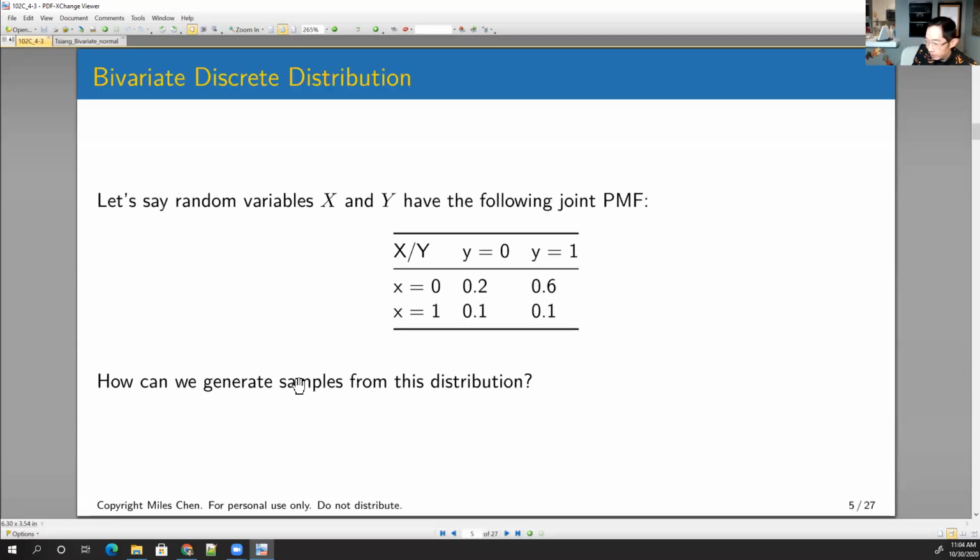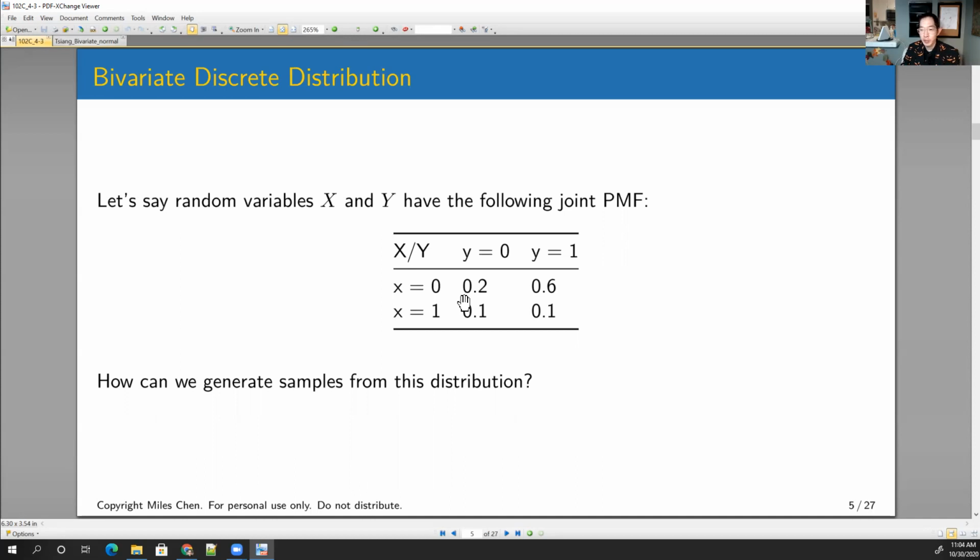All right, so we're going to start by looking at a bivariate discrete distribution. Let's say we've got some random variables x and y, and they've got this joint probability mass function. So it's a discrete distribution.